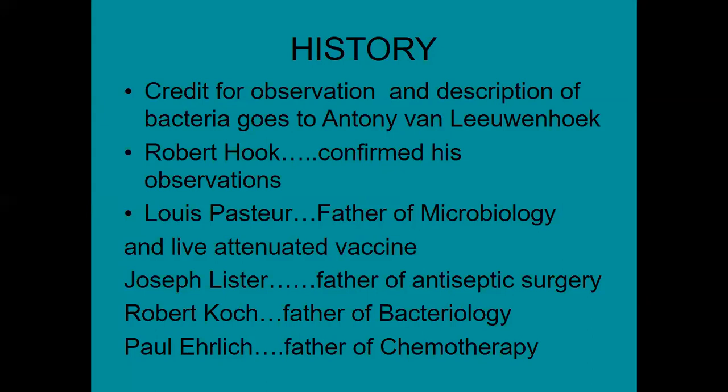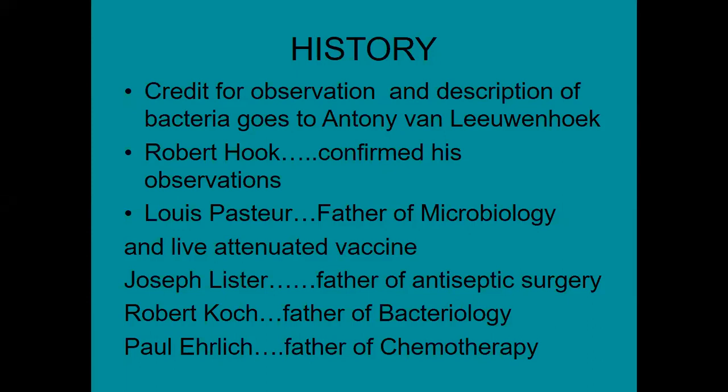Louis Pasteur is considered as the father of microbiology and live attenuated vaccines. Joseph Lister, father of antiseptic surgery, was a person who has introduced Listerine, if you all remember. Robert Koch, considered as father of bacteriology, and I think you all are very much aware of Koch's postulates. Then Paul Ehrlich is considered as father of chemotherapy.